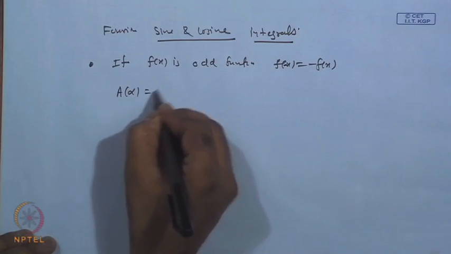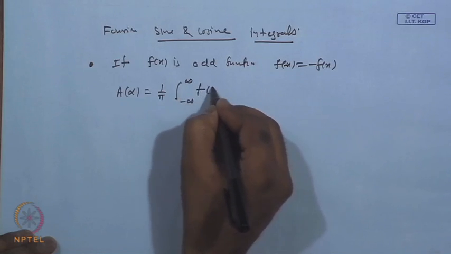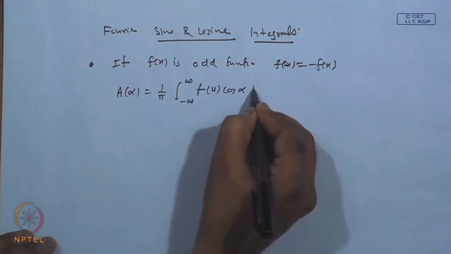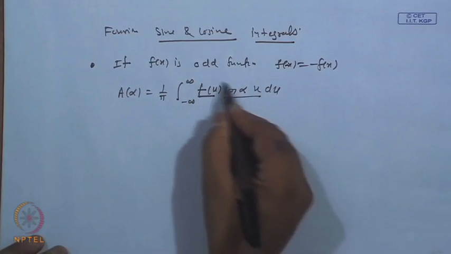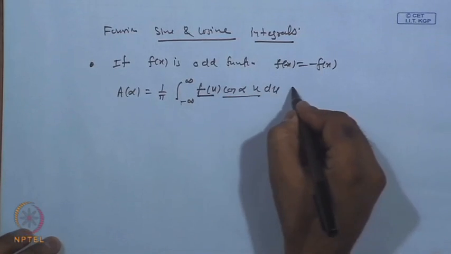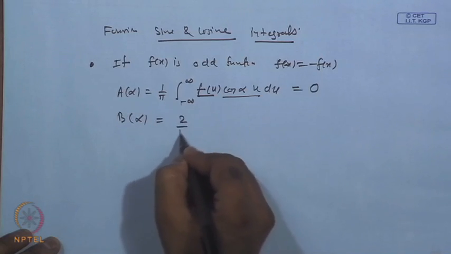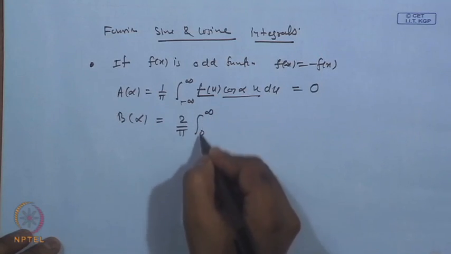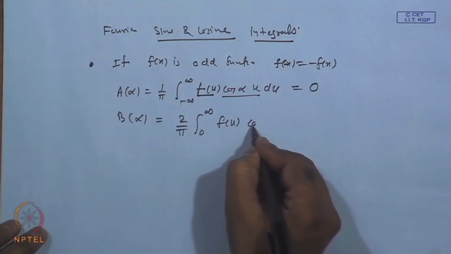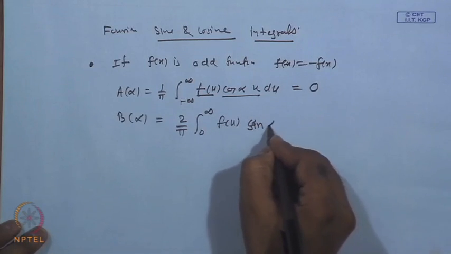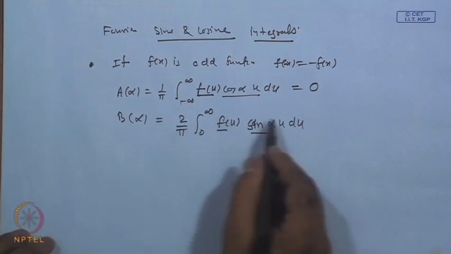In that case, this a(alpha), we have minus infinity to plus infinity f(u) cos alpha u du. So, f is odd, then this is even. So, we have an odd integrand and minus infinity to plus infinity will give 0, and this b(alpha) will be 2 over pi and 0 to infinity instead of minus infinity to plus infinity, because now the integrand, this is odd and this is odd, so we have an even function.